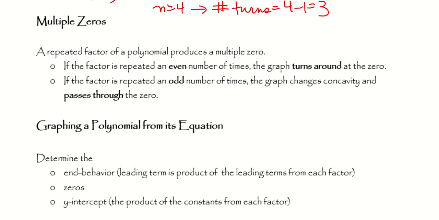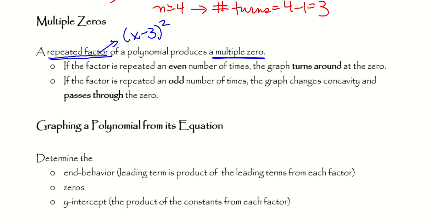Now, another thing we need to talk about is multiple zeros. When we have a polynomial that is factored, if a factor is repeated, so if I had something like x minus 3 squared, the squared tells me that factor is repeated, right? Those repeated factors produce what is called a multiple zero.